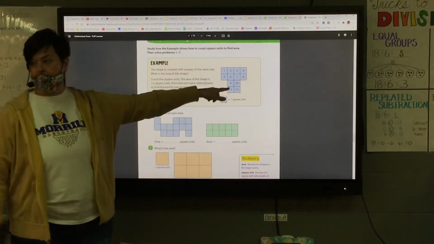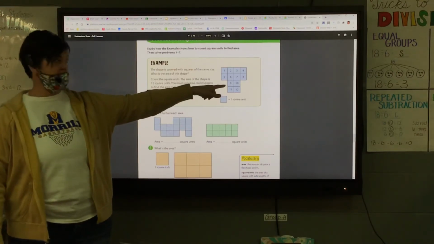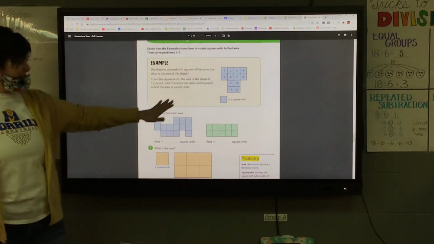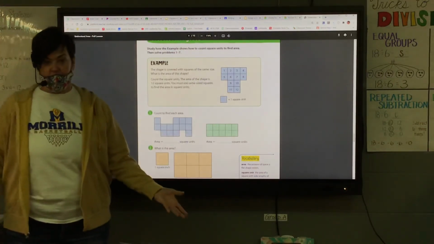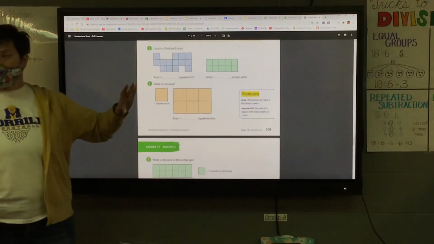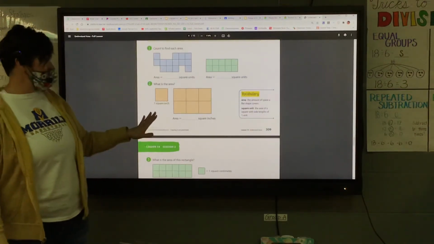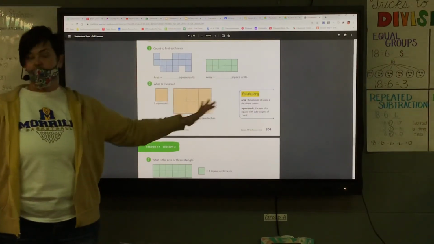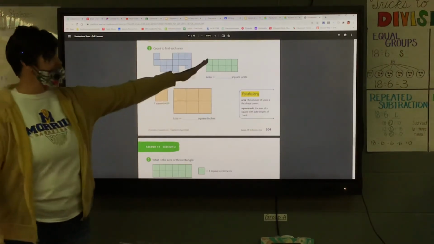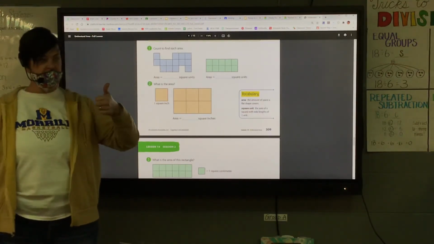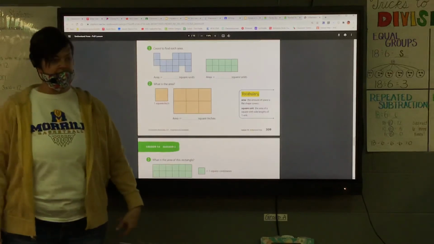Is this a rectangular shape or non-rectangular? Non-rectangular, right? But it does have square units in it, correct? In just a bit, you're going to figure out how many square units are in these rectangular and non-rectangular shapes. Make sense? That's easy peasy, right?